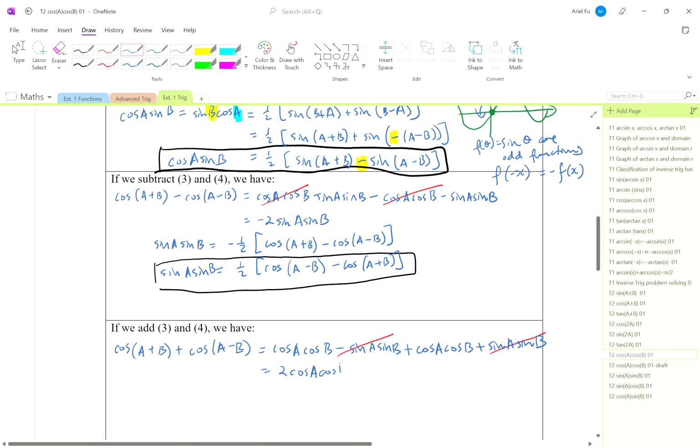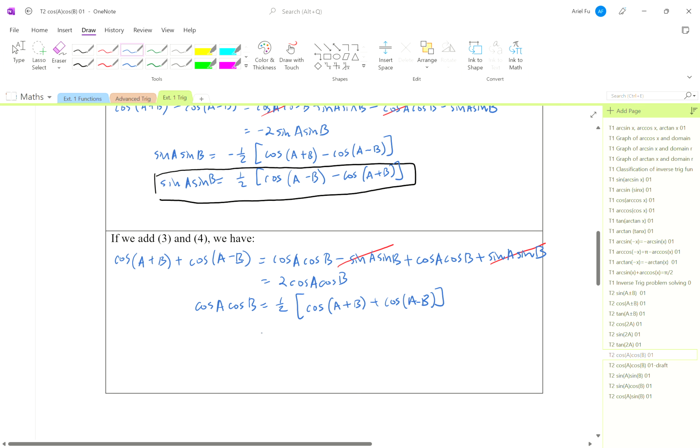Okay, so if I rearrange it, I'm going to get cosine A cosine B is equal to half of cosine A plus B plus cosine of A minus B. Okay, in your reference sheet, they rearranged it and rewrote it as this, cosine of A minus B plus cosine of A plus B. Okay, which is the same thing.